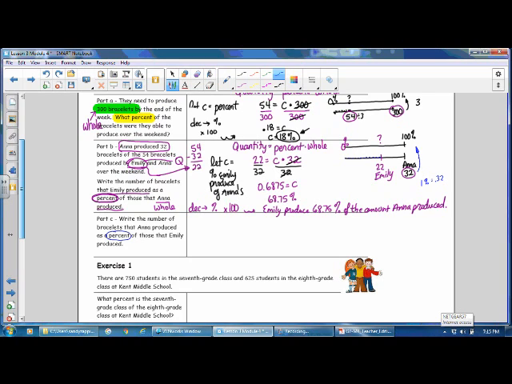So we're comparing those to Emily's, and when you're comparing it to Emily, that means that she is the whole. So on our double number line with the 0 and the 100, the 100% represents the total, and the total is what you're comparing it to. And we are comparing it to Emily this time.